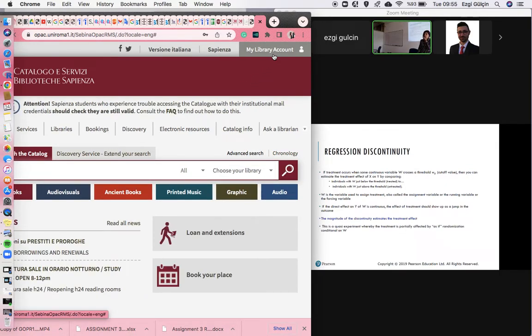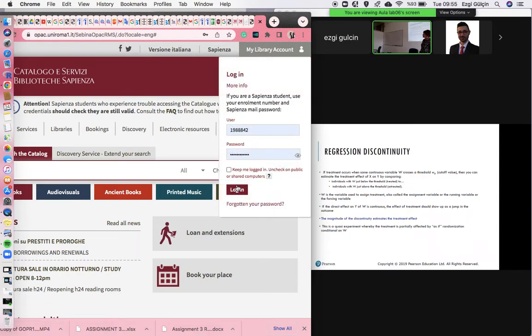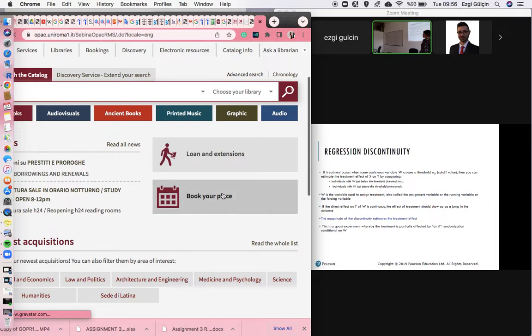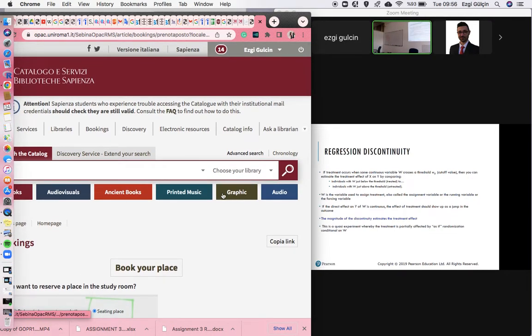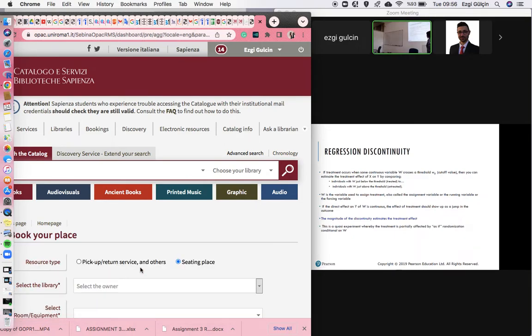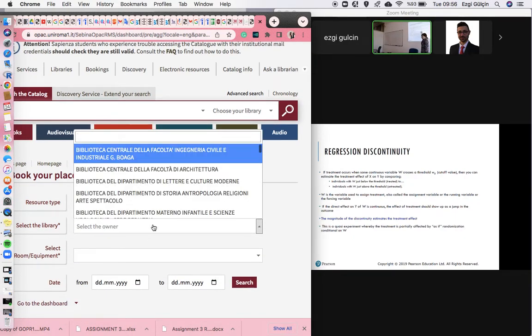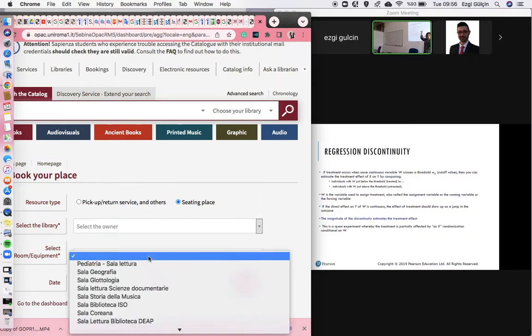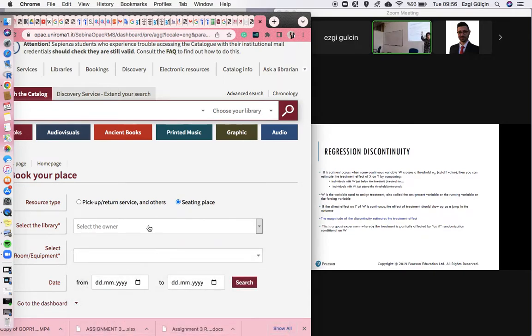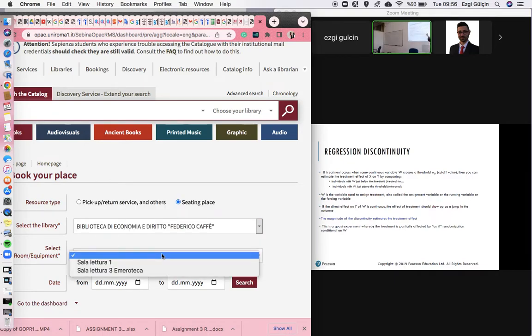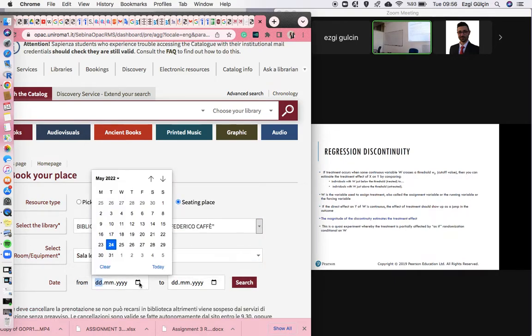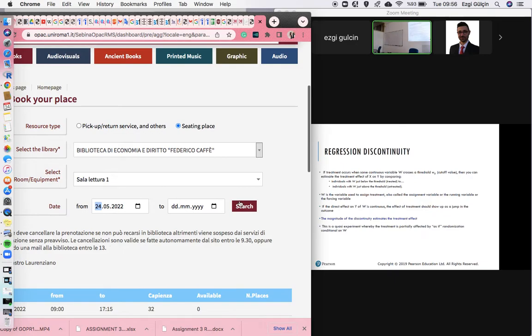So this is the idea underlying the regression discontinuity. So as I said, if you perform better in terms of GPA next year, then this difference between you and you is actually the treatment effect.